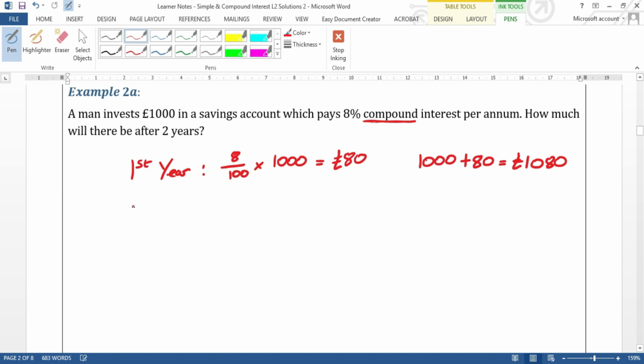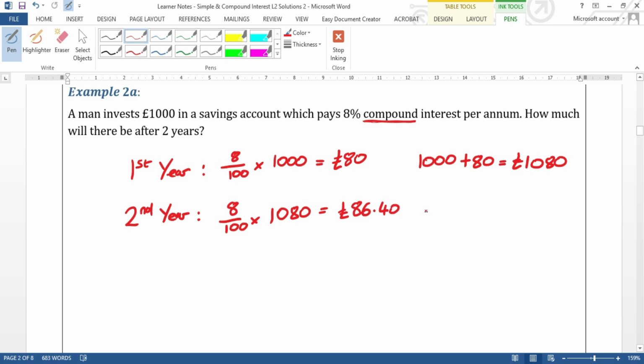Then you work out the second year. But he's not got £1,000 in there now, he's got £1,080. So now you work out 8% of the new amount, 1,080. See, it's different now, isn't it? £86.40.